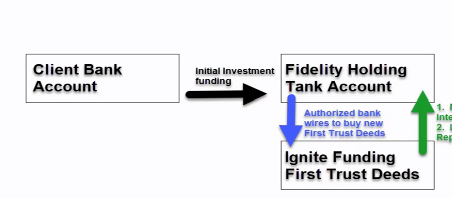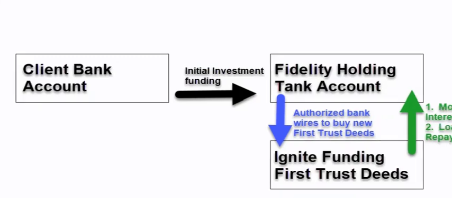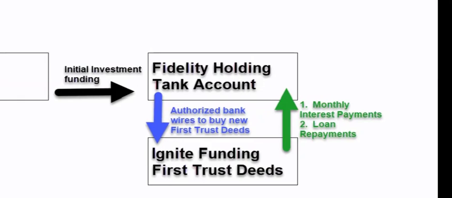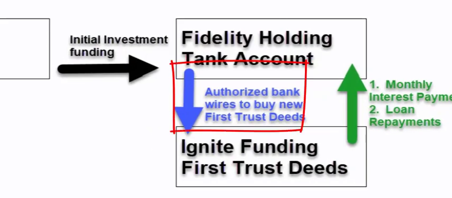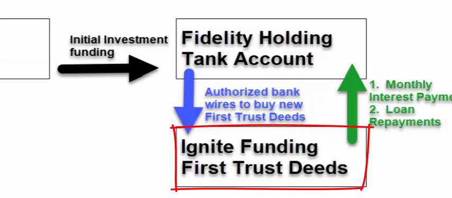What you'll see is that when new First Trust Deed investments are identified and approved, there will be a bank wire that's authorized to send the money for the First Trust Deed investment from Fidelity to Ignite Funding. The bank wire arrives at Ignite Funding and the funds are used to invest in the First Trust Deed.